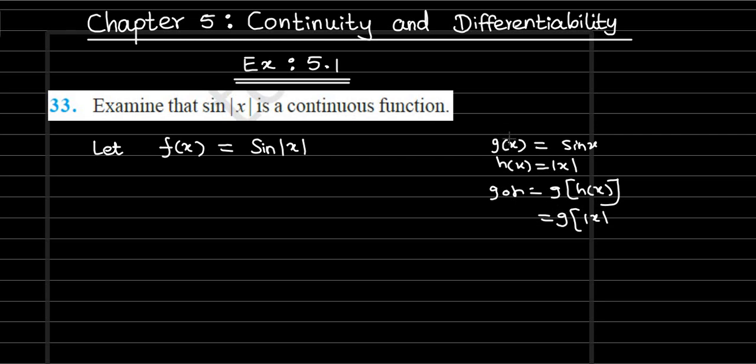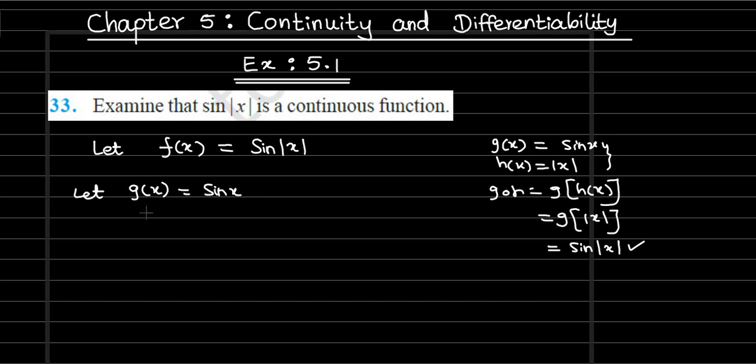For g of x, whatever input it is, the output is sin of that input. So here the input is modulus of x, so the output has to be sine of modulus of x. That means sine of modulus of x is a composition of two different functions. So we can say separately g of x is continuous and h of x is continuous. Then the combination of g of x and h of x, which is nothing but f of x, is continuous.